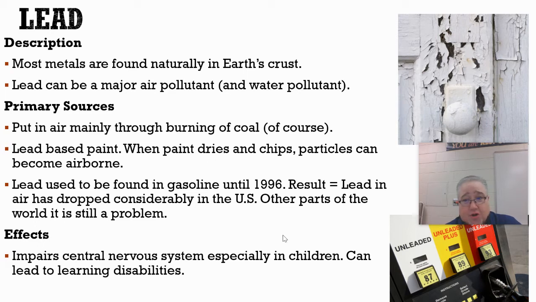Again, just a little bit of foreshadowing into water pollution, but in Flint, Michigan, if you're not aware of what happened there, they had a major water crisis, a major water pollution issue, and lead got in their water, and it resulted in a bunch of people, including a lot of children, drinking contaminated water that had lead in it.